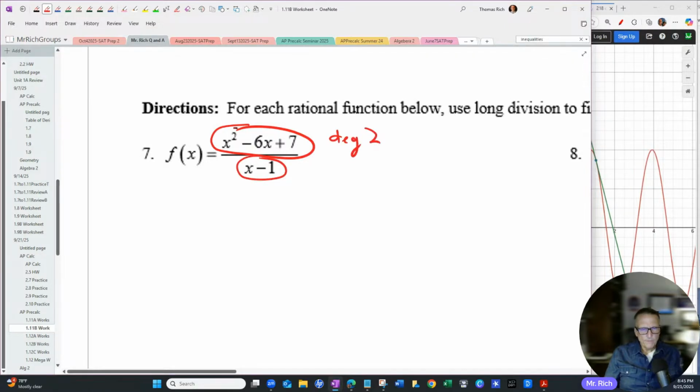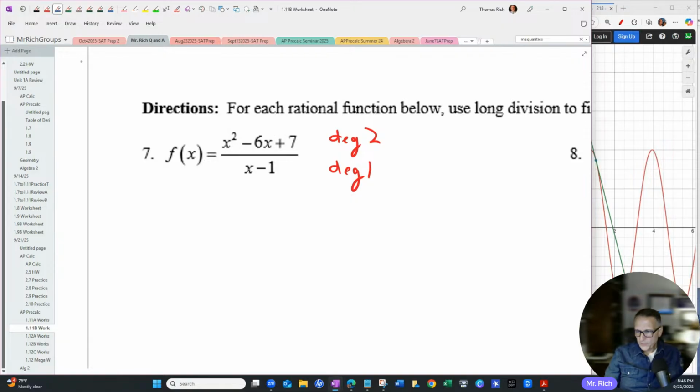The exponent on the top, on the variable x, has a highest value of 2. Here it has a degree of 1 because it's x to the 1. So when the degree on the top is 1 higher than the degree on the bottom, you will have what we call a slanted asymptote. And if you want the equation of the line for that slant asymptote, you have to do polynomial division.